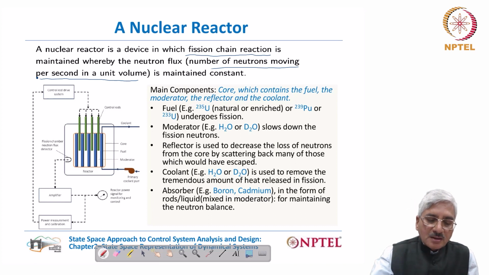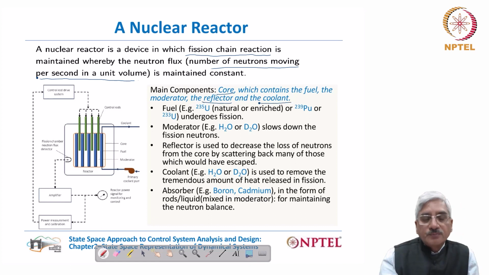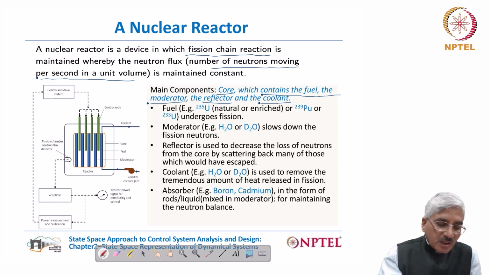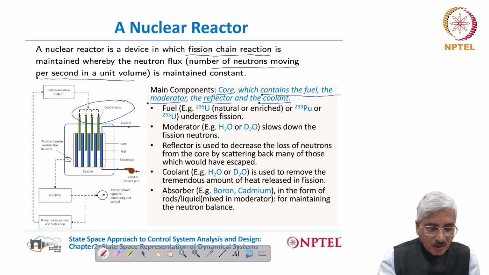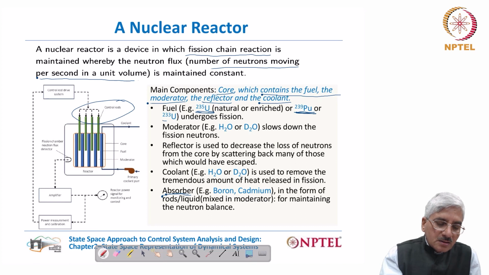So nuclear reactor, the main components are core, the reflector and the coolant. And the core contains the fuel, moderator, and of course beyond this we have control mechanism to control the reactor, which also is written here in the example. So fuel in most of the reactors is uranium-235. In some reactors, which are called fast reactors, it is plutonium-239, and in very few reactors it is uranium-233 isotope.